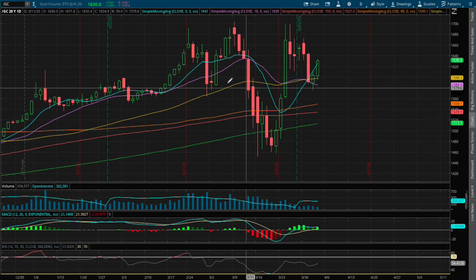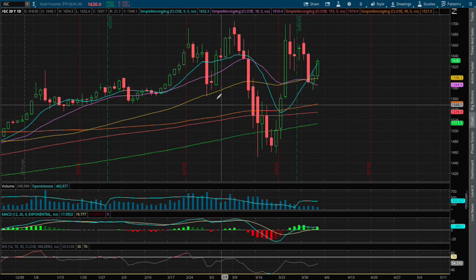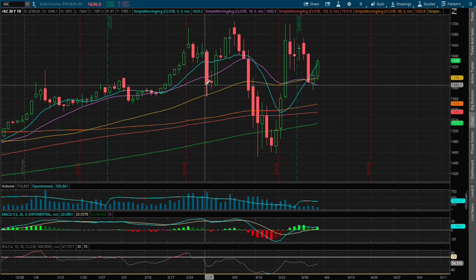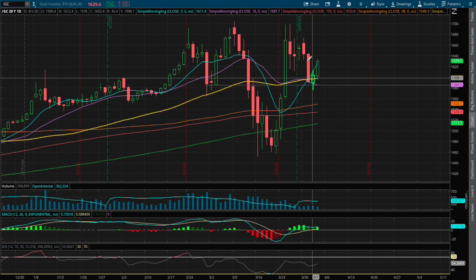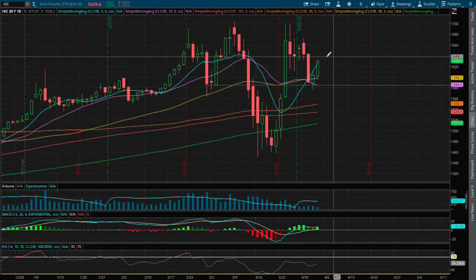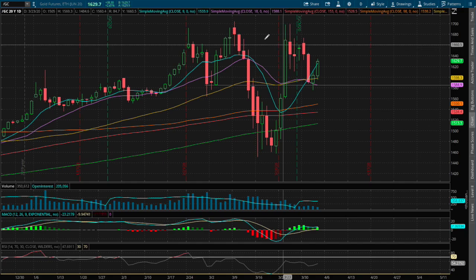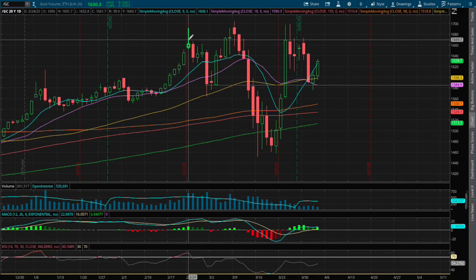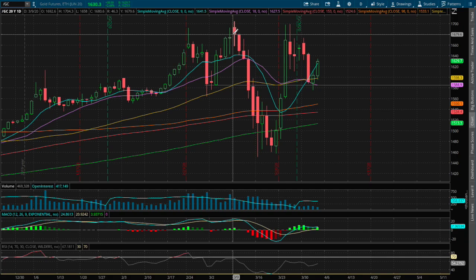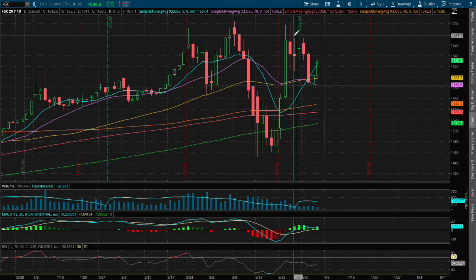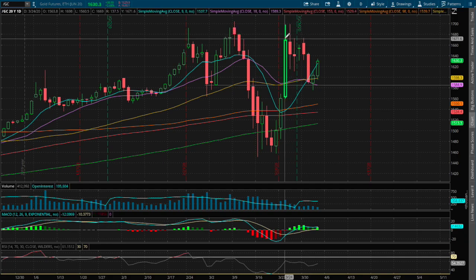So I do see that as our first immediate support, which is around the price of $1,585. And as for resistance, if we do manage to climb higher, the next resistance that I see was marked back in February 24th, as well as March 9th, and March 24th.